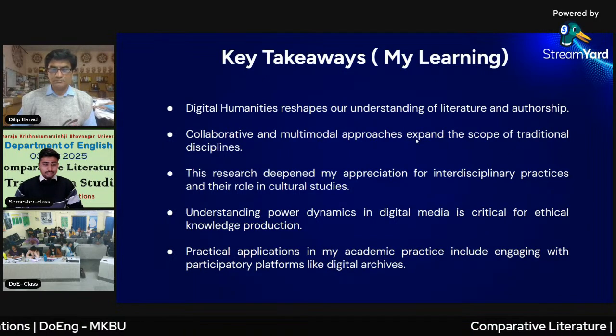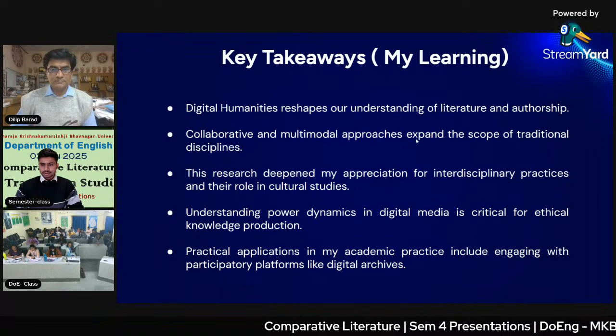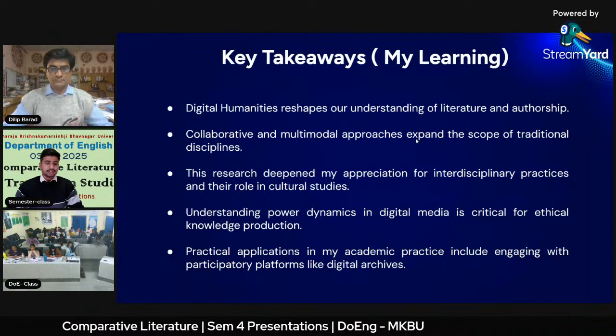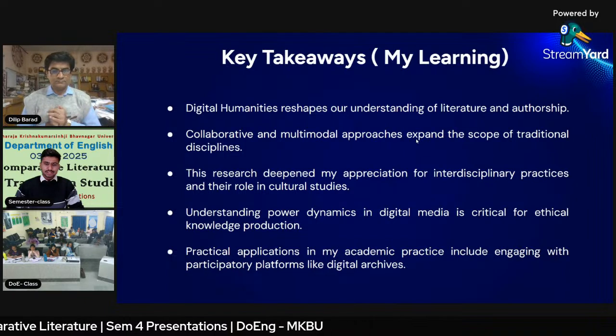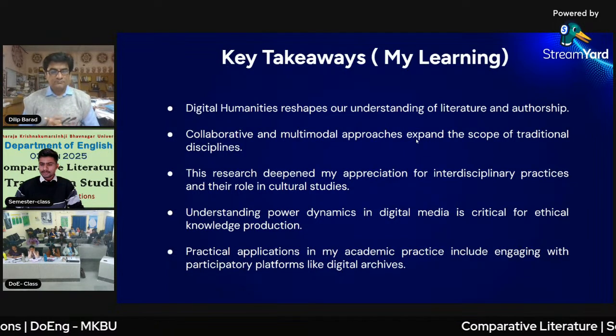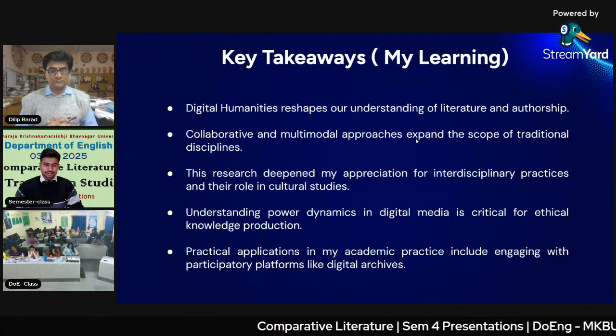It also shows that collaborative and multimodal approaches expand the scope of the traditional discipline. This research deepened my appreciation for interdisciplinary practice and its role in cultural studies.